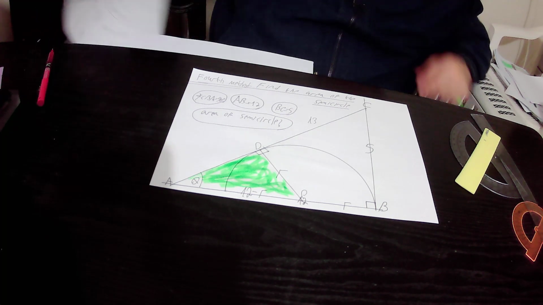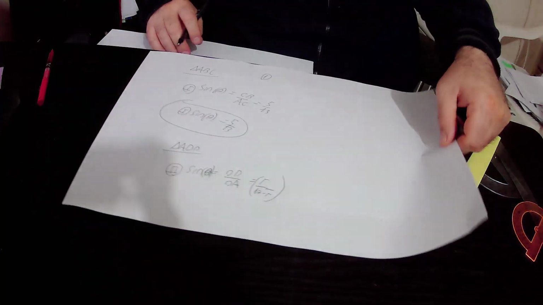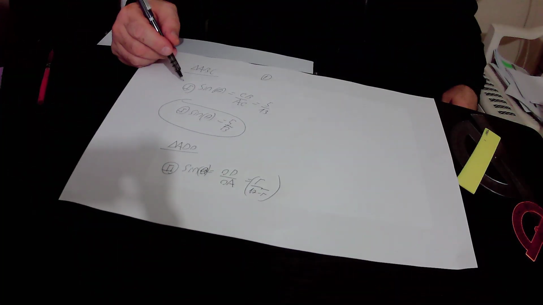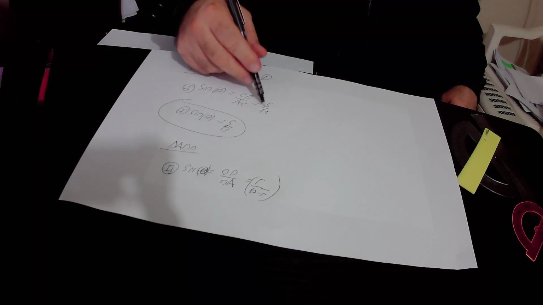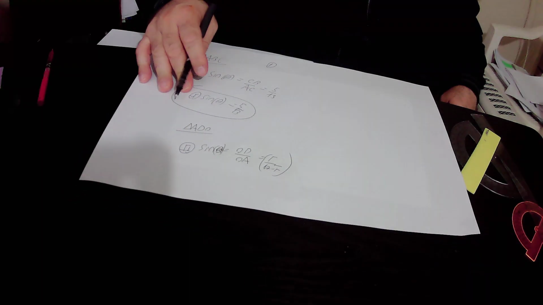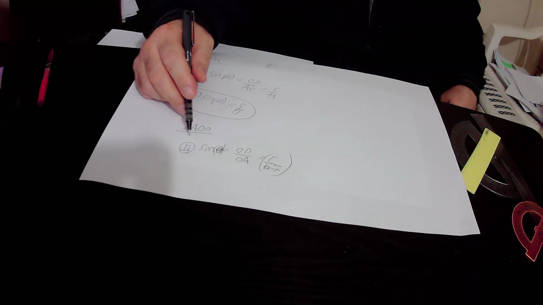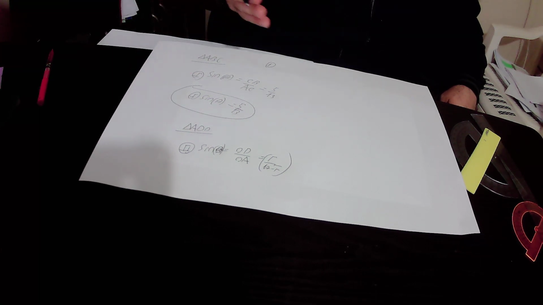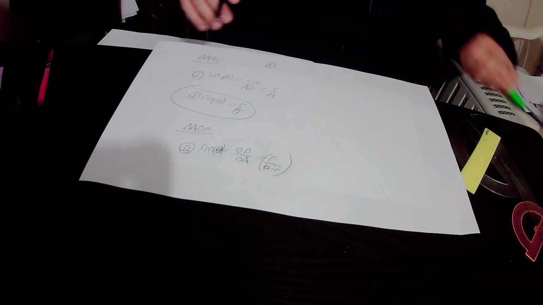Okay, so we have two expressions for sine theta. We know that sine theta equals 5 over 13 according to equation number 1, and sine theta according to equation number 2 is equal to R over 12 minus R. So sine theta from equation number 1 equals sine theta from equation number 2.